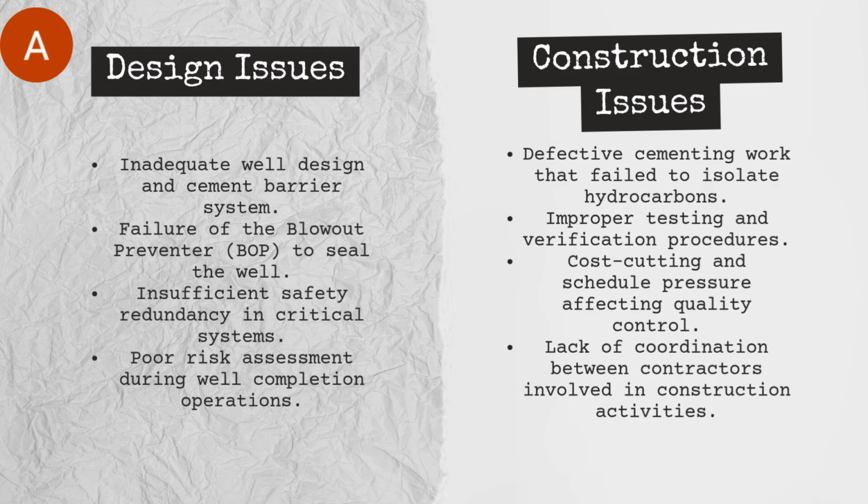Next, construction issues included defective cementing work, improper testing procedure, cost and schedule pressure affecting quality, and poor coordination among contractors. Altogether, these failures allowed hydrocarbon to escape, leading to the catastrophic blowout and oil spill.